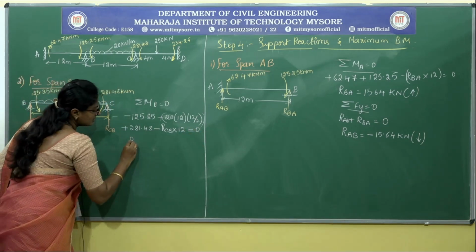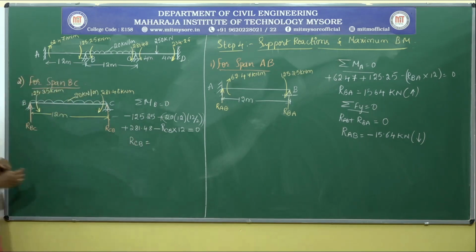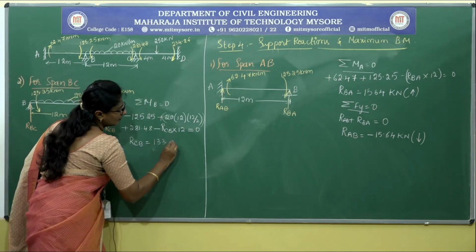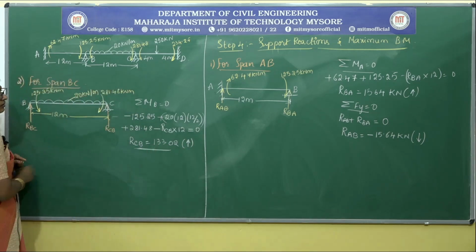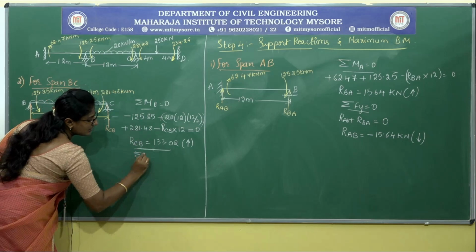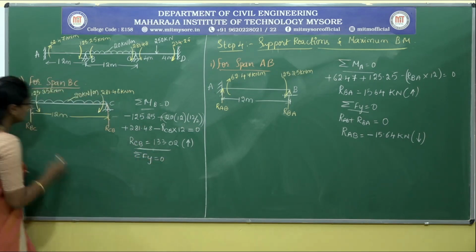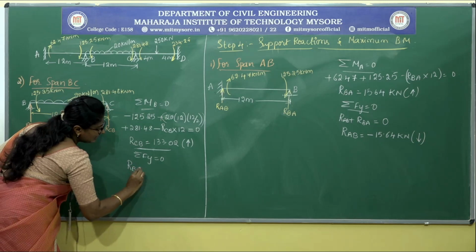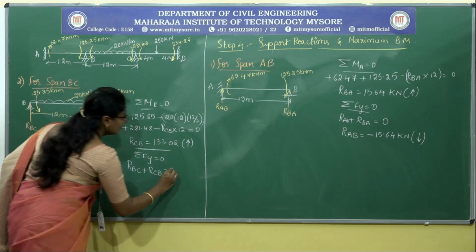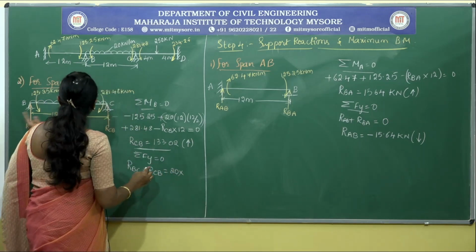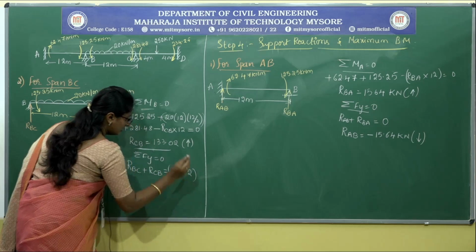Now in this case, the reaction at CB is equal to 13.02. It is positive, I consider. The next is sigma Fy equal to 0, that is RBC plus RCB is equal to 20 into the perpendicular distance 12.